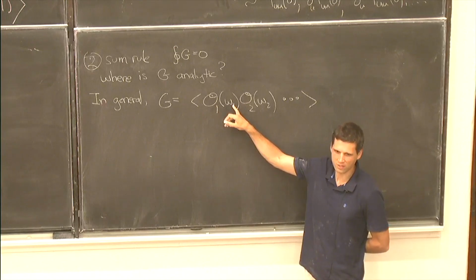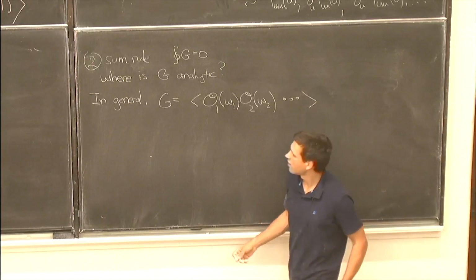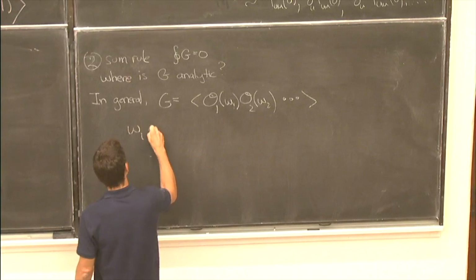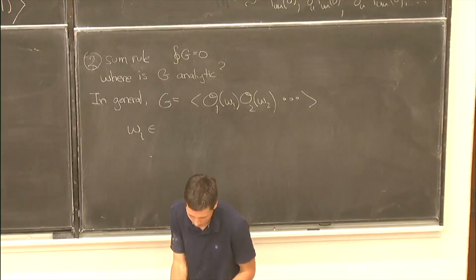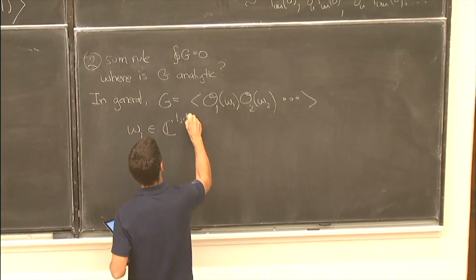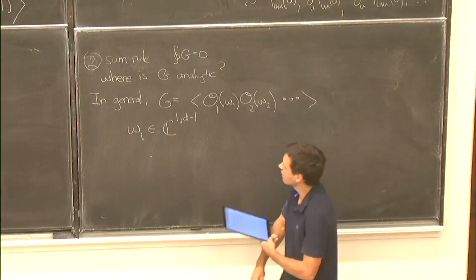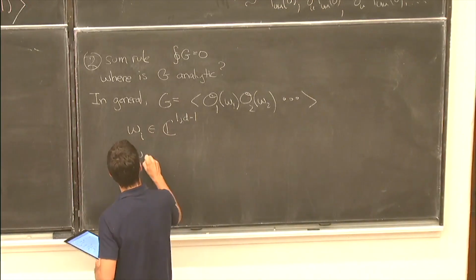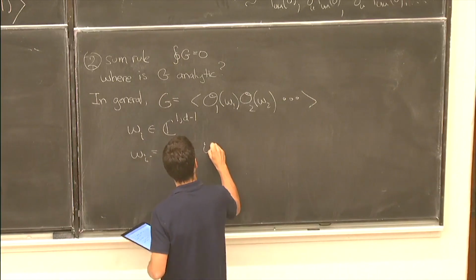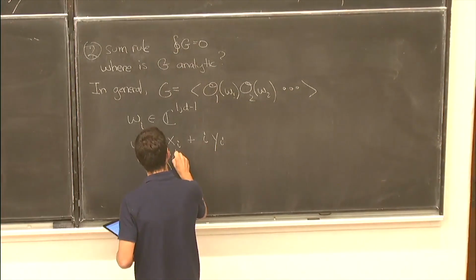And we want to ask, on what domain can we analytically continue that function? The way to think about that is to think of these w_i's as points in C^{1,d-1}, meaning that each point w_i has a real part and an imaginary part that each live in Minkowski space.